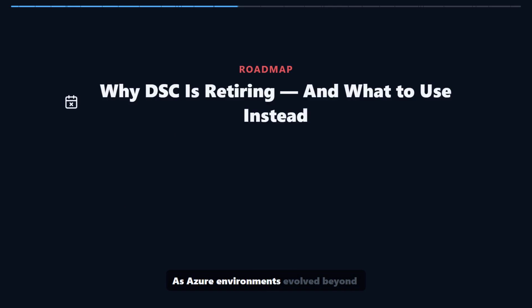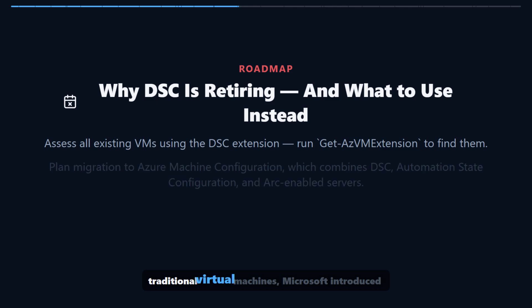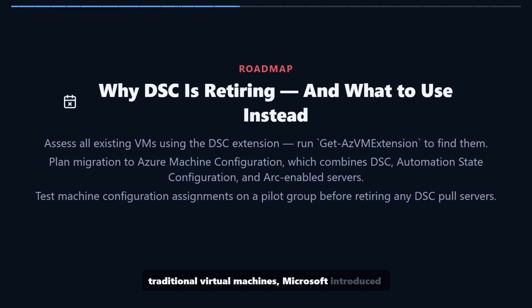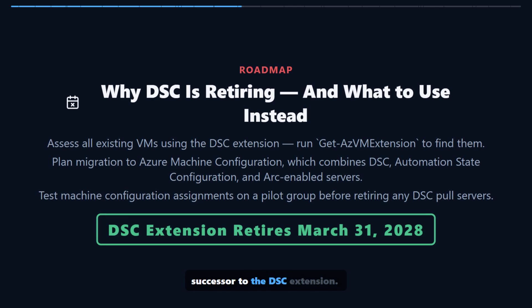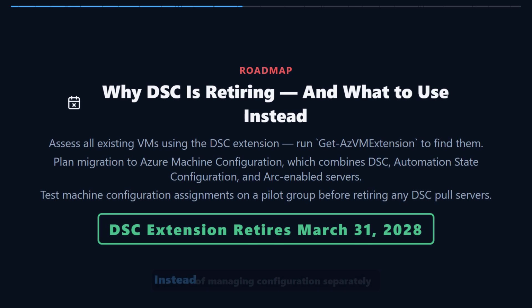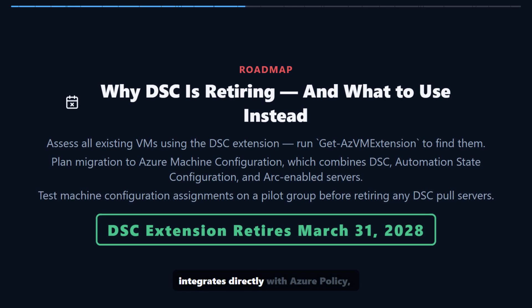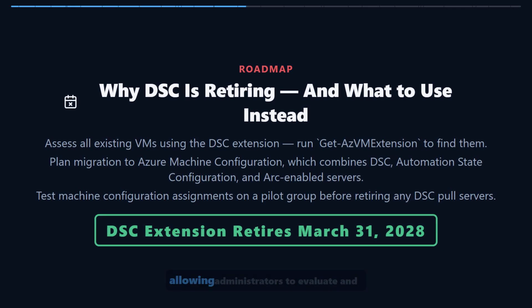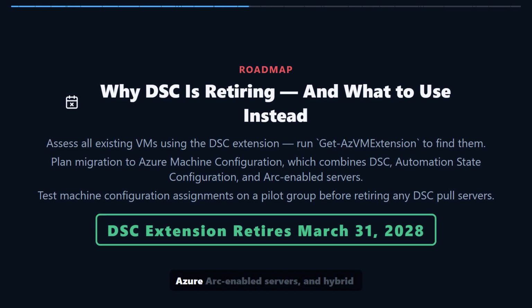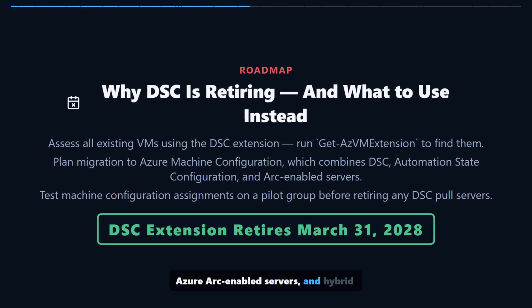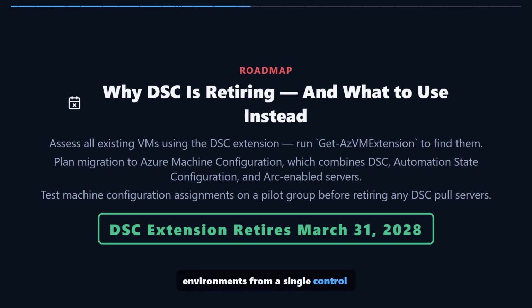As Azure environments evolved beyond traditional virtual machines, Microsoft introduced Azure Machine Configuration as the successor to the DSC extension. Instead of managing configurations separately on each VM, Machine Configuration integrates directly with Azure Policy, allowing administrators to evaluate and enforce configuration across Azure VMs, Azure Arc-enabled servers, and hybrid environments from a single control plane.